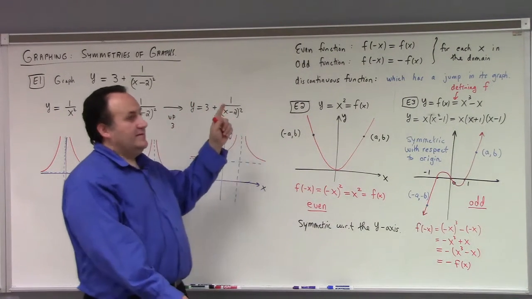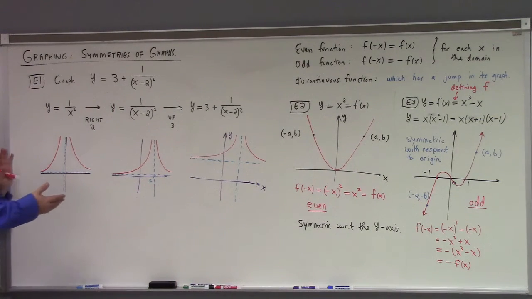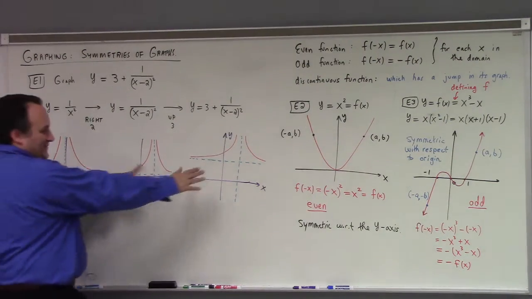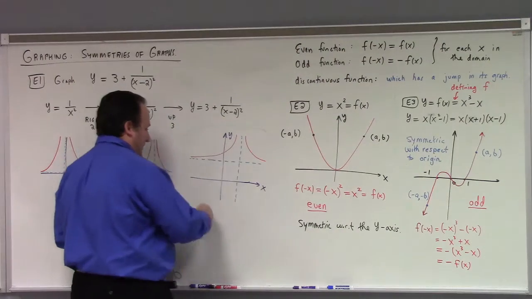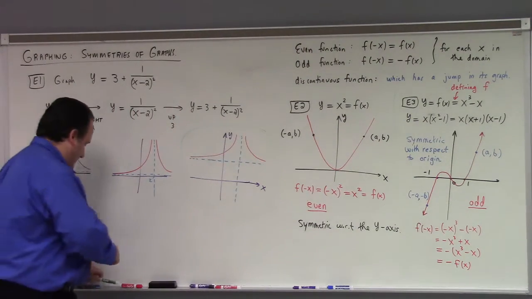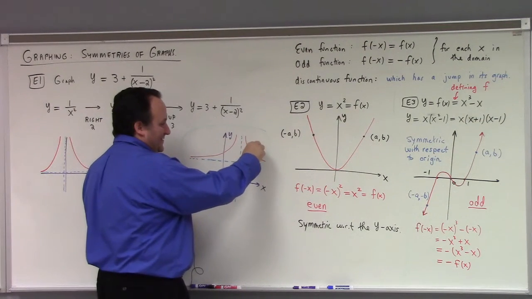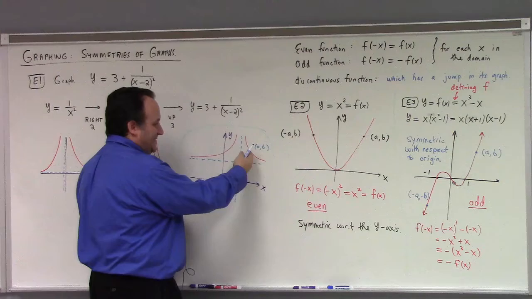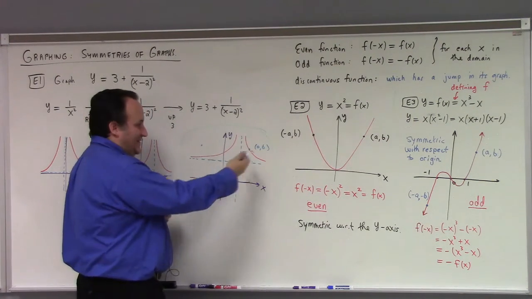So that's even, that's odd. How about this one? Is this function even? Not this one, this one. Let me focus our attention here. This right here, even, odd, what do you think? If it's even, if I pick this point, like a comma b, there has to also be the corresponding point over here, but it's not there, right?